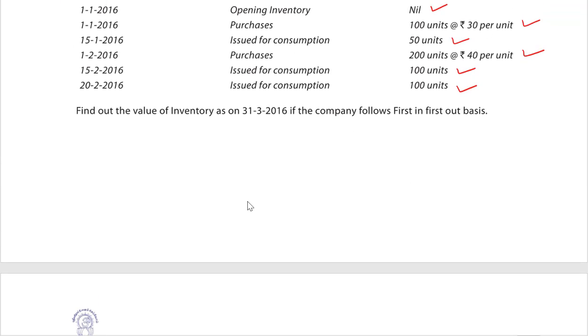Let us try to solve this. Write over here solution. FIFO, first in first out basis.